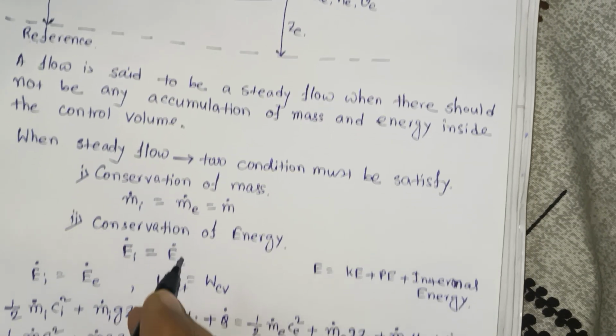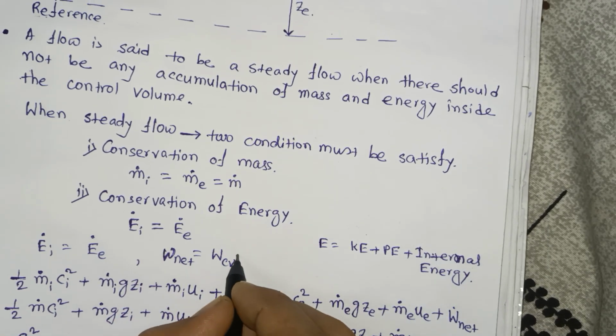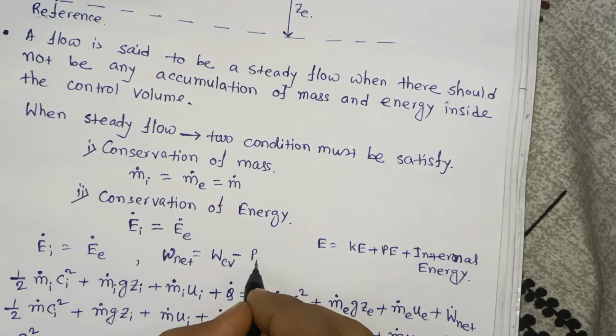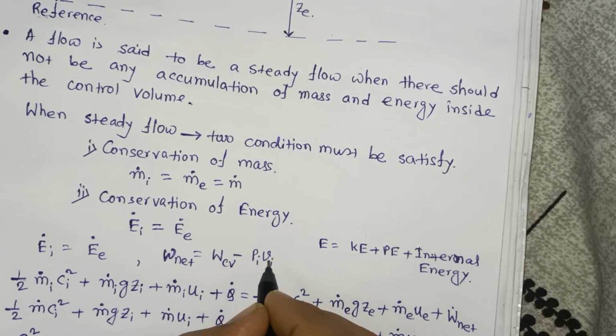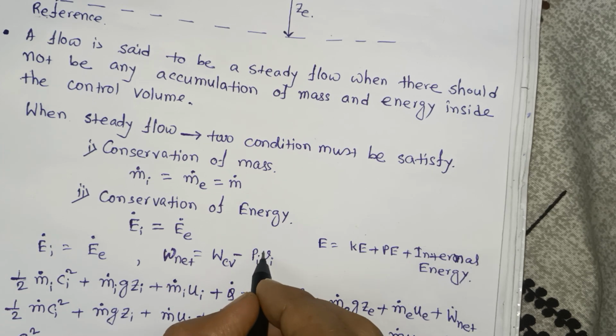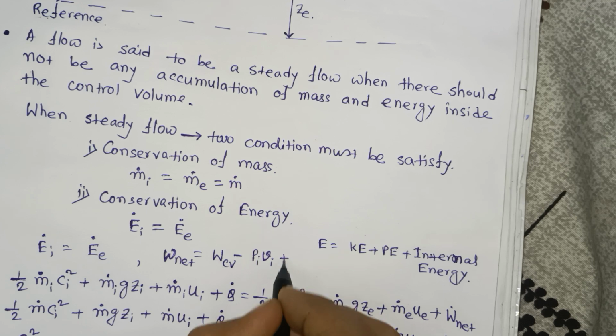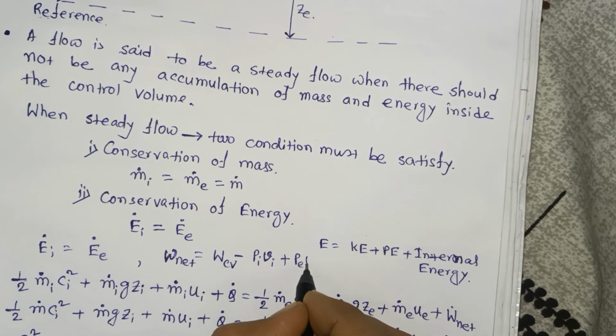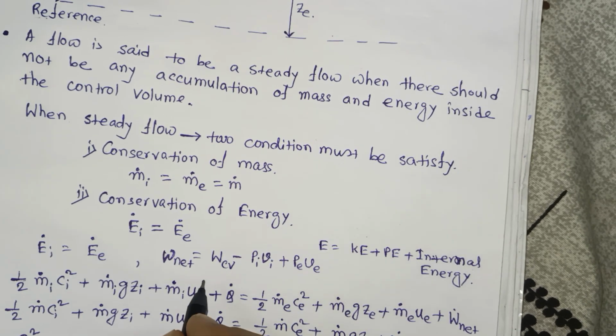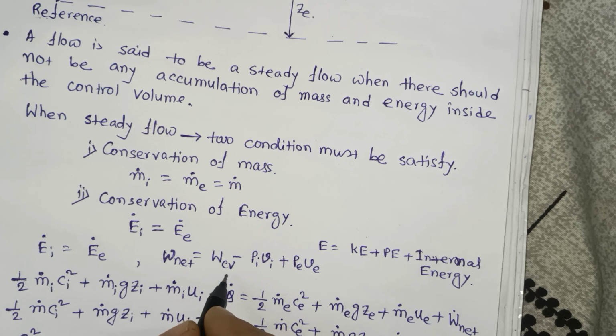So W of CV minus Pi Vi, where Vi means initial specific volume, plus Pe Ve. So W net is equal to W of control volume.